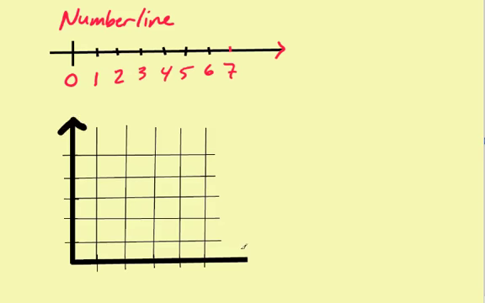All right. So we have our arrows, and like I said, this is one number line that goes up and down, and this is another number line that goes left and right. All right. Good. 0, 1, 2, 3, 4, 5, and on. 0, 1, 2, 3, 4, and 5. Okay. And I will go ahead and label.